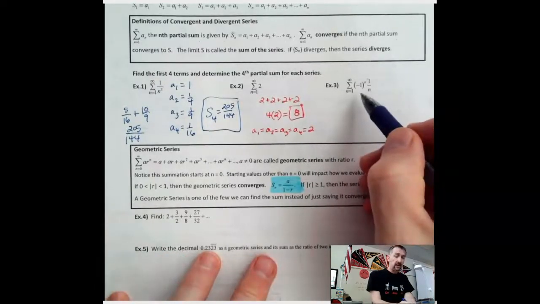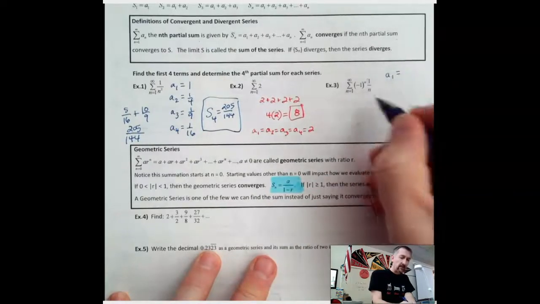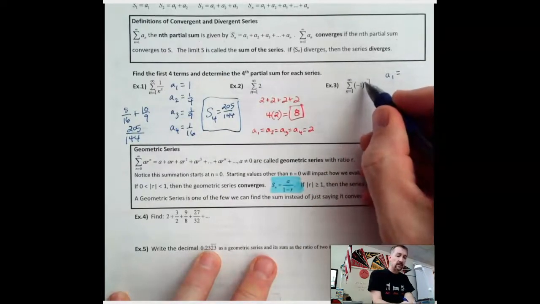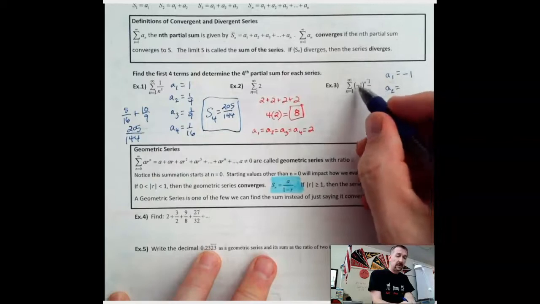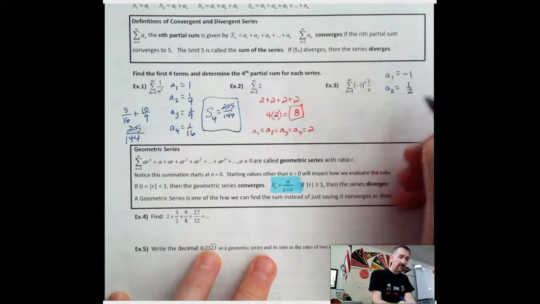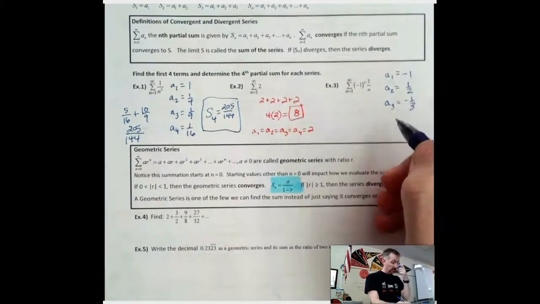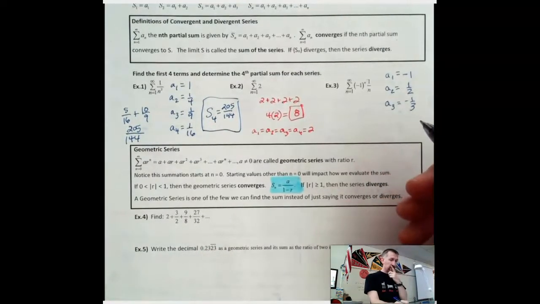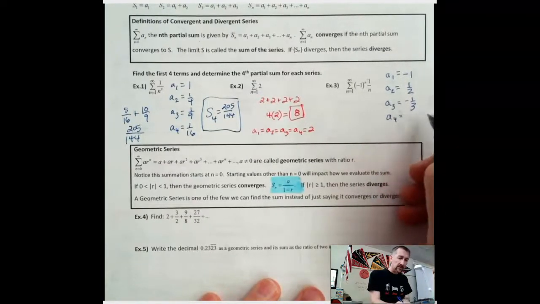All right, pretty basic stuff here so far. I guess we'll go ahead and do these. So the first term, that's going to be a -1, and that is going to be positive. That's going to be a 1/2, and that's going to be a -1/3, and that's going to be a 1/4.